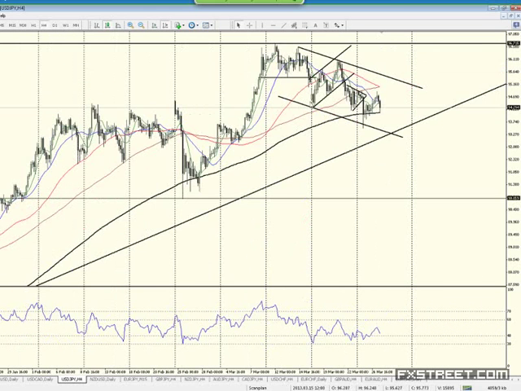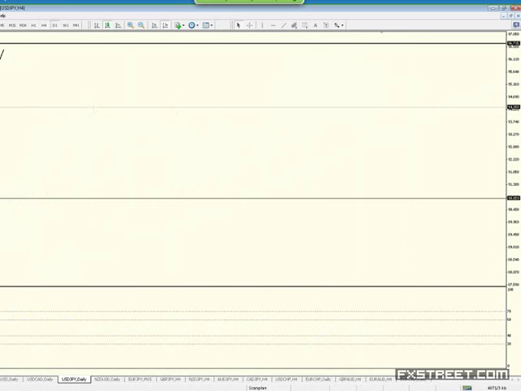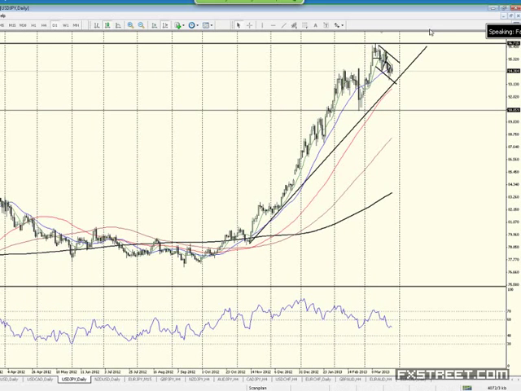For now, it's consolidating, and we see a little bit of a falling channel versus a rising trend line. So that's the theme for the start of the third quarter. Falling channel, rising trend line. This rising trend line goes all the way back to November.